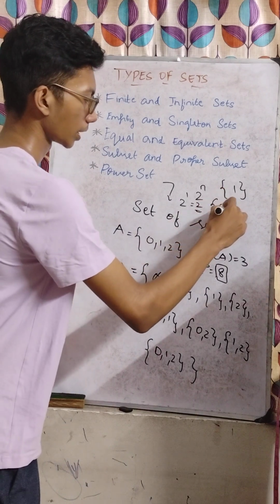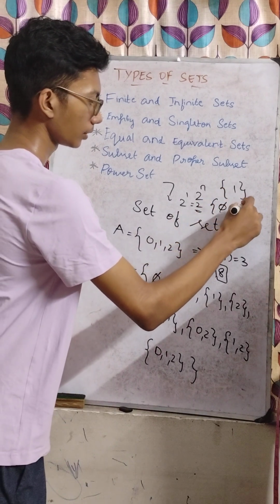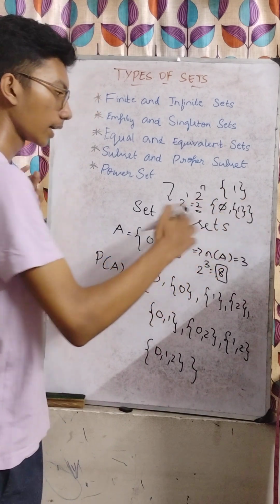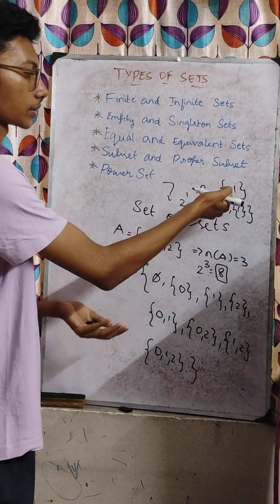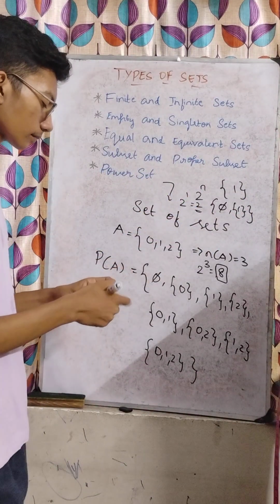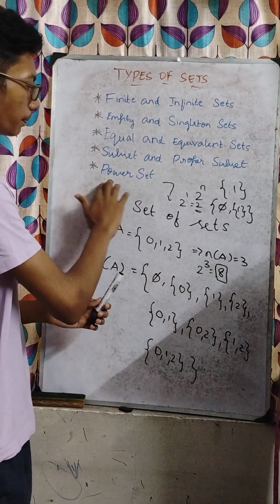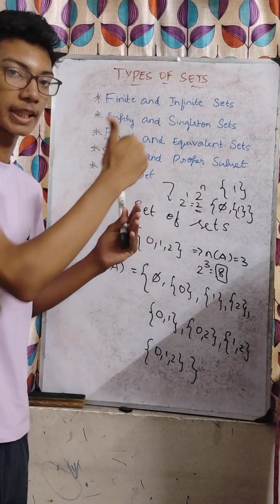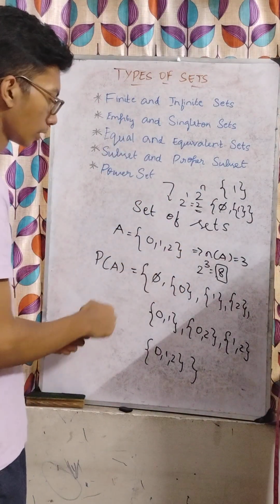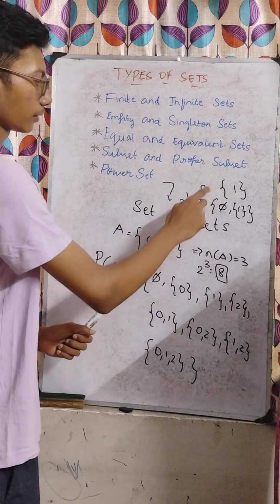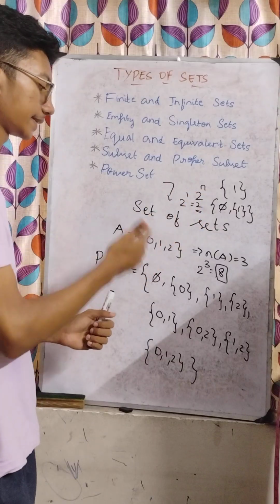What are those? It will have the null set and the set we are having, that is the set of 1. So the power set is the set of all the subsets of a set, and the formula is 2 power n, where n is the number of elements in that set.